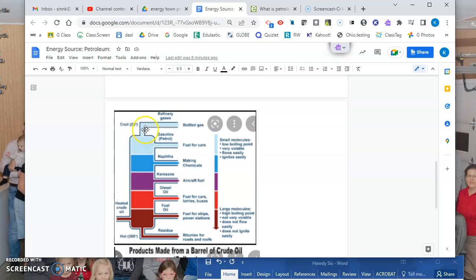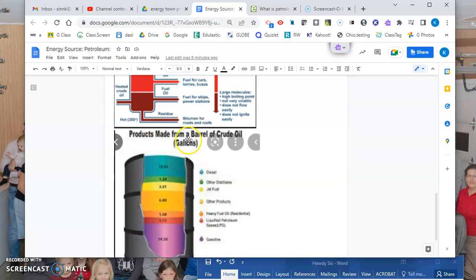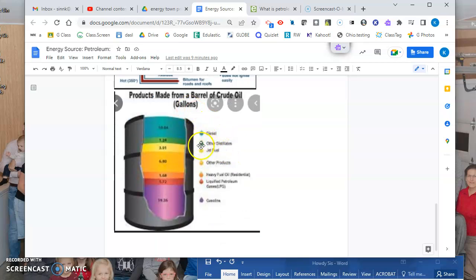All of these are the refined products. It's all bottled, and here it tells you what we do with it. But this is what we mean by the refining process. And here are the products that are made from a barrel of crude oil, a gallon. So you can see the colors and what we get out of this crude oil that we're talking about.